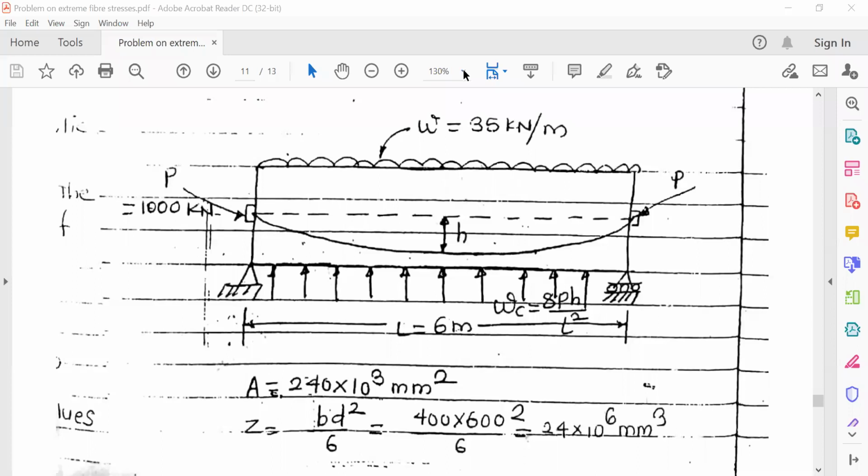Hope you have completed the diagram. Yes, diagram is being over. Yes, Tanveer, हो गए diagram.